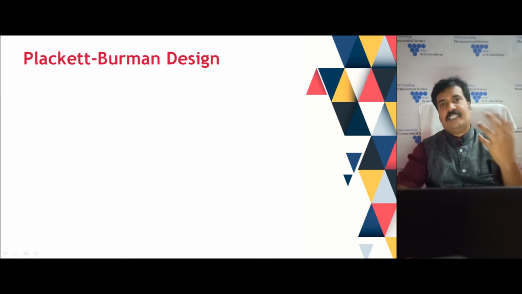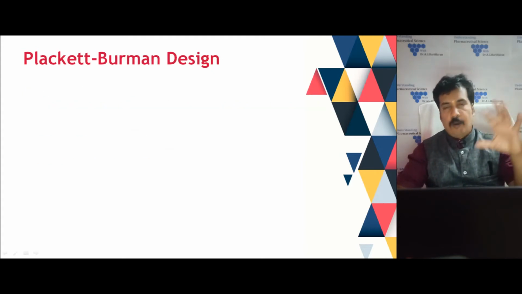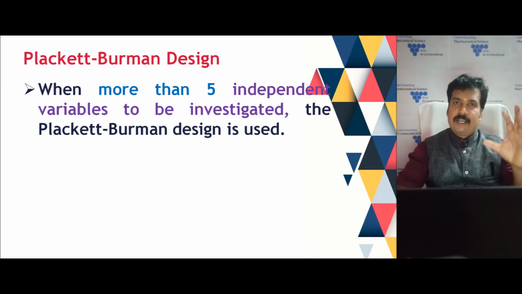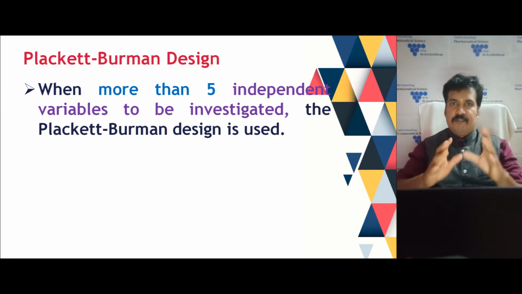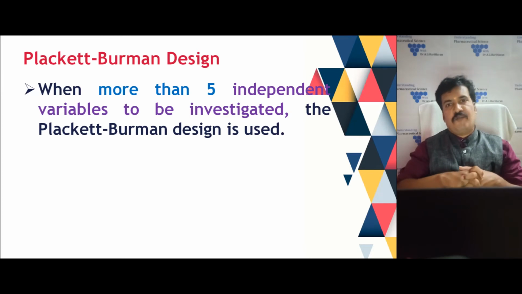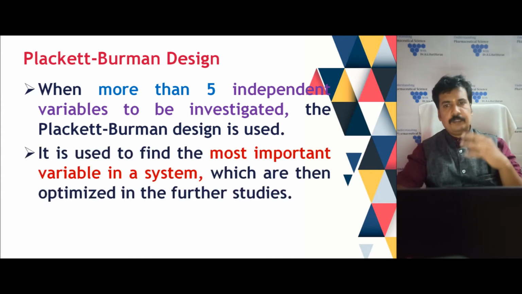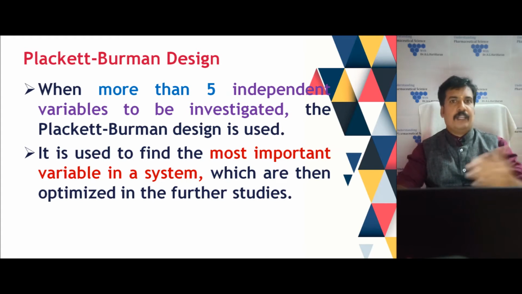The next very useful one, which is commonly employed for media optimization, is the Plackett-Burman design. The Plackett-Burman design is used because we can investigate even more than 5 independent variables with the least number of experiments.